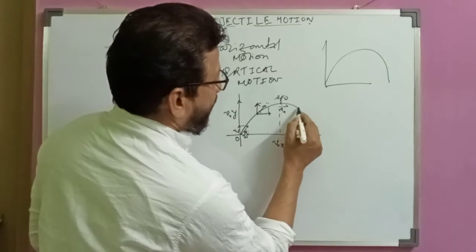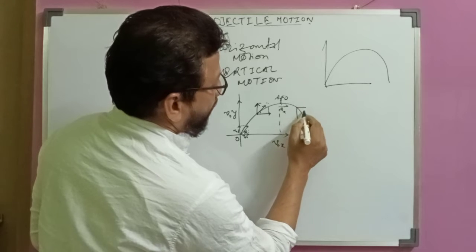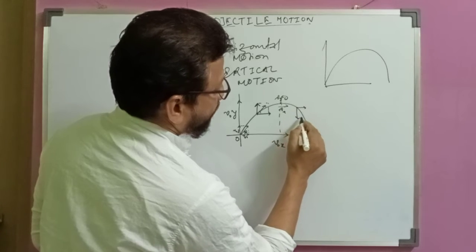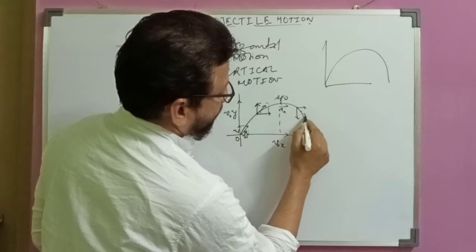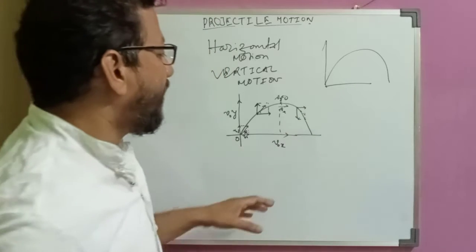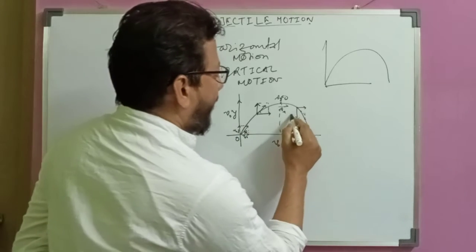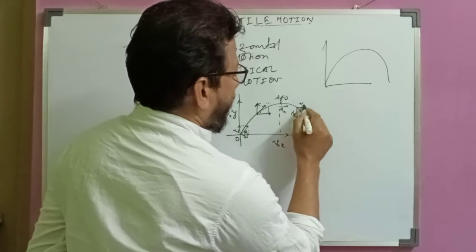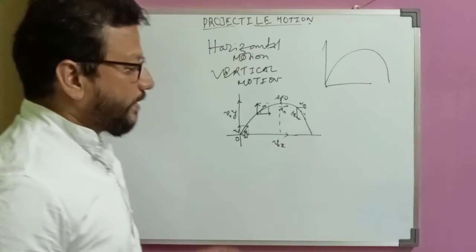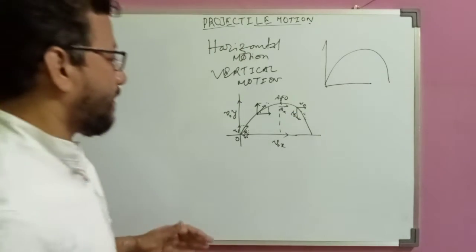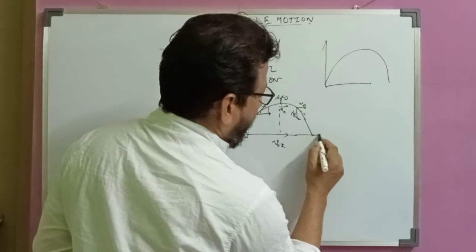Again, it will come down like this, with Vy and Vx, and go up to here.